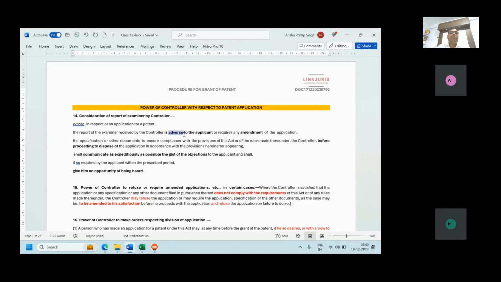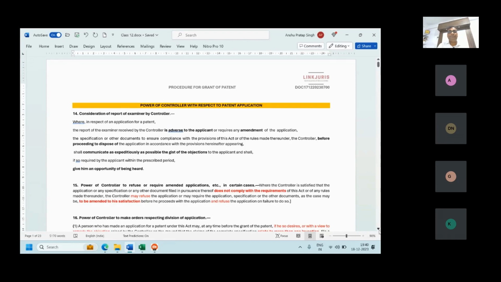When you receive it, it says that you can also avail the opportunity of being heard. If you don't agree, you can avail the hearing, and within this period you have to respond or ask for a hearing. This is what consideration of report of examiner by controller, section 14, talks about.